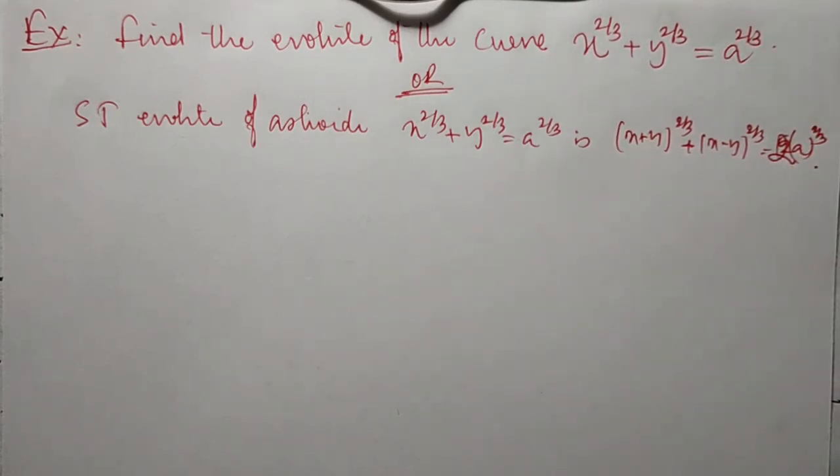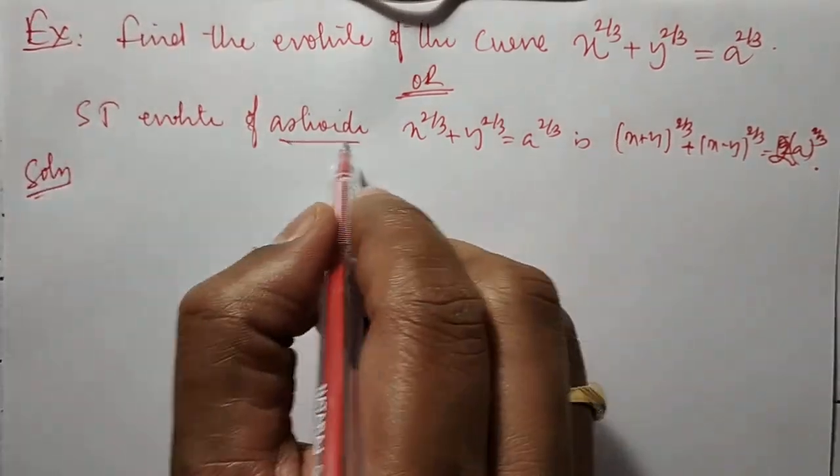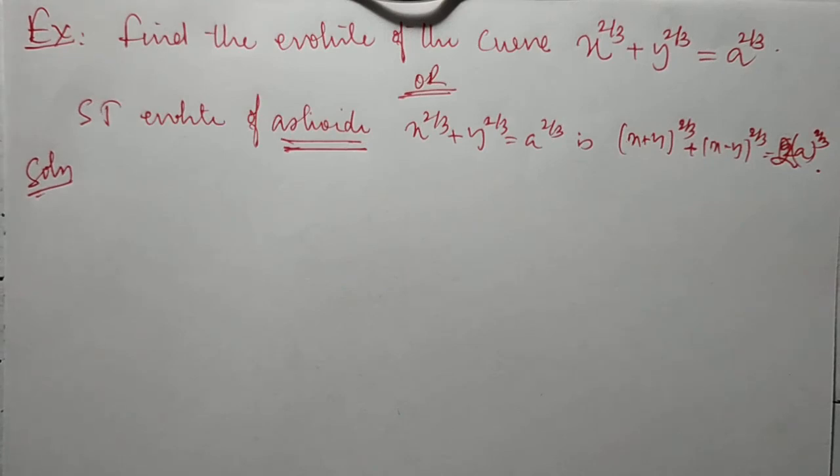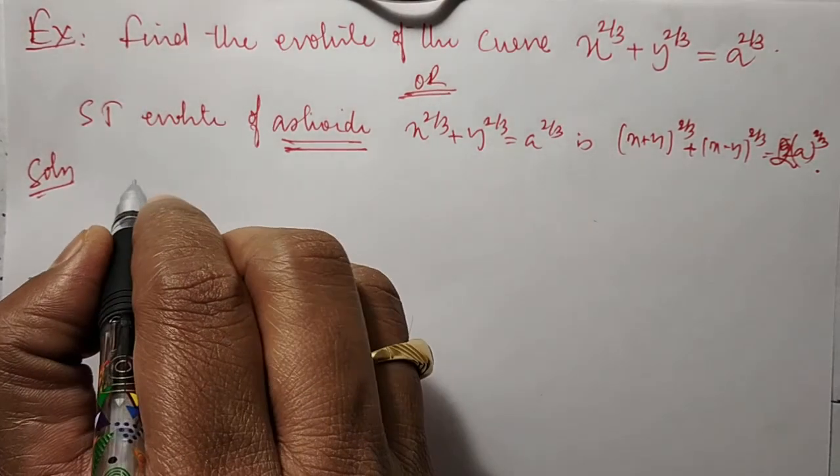They may give this example like this also. But one thing we need to keep in mind, this is nothing but an asteroid. Very first we need to consider its parametric equations.